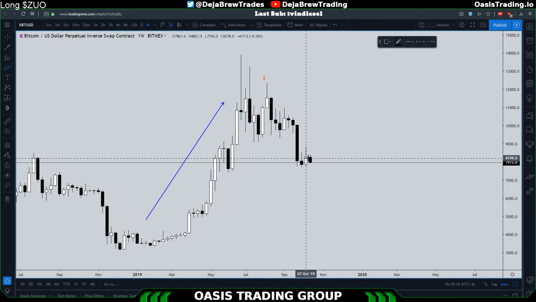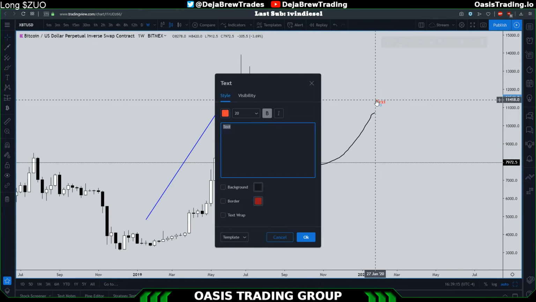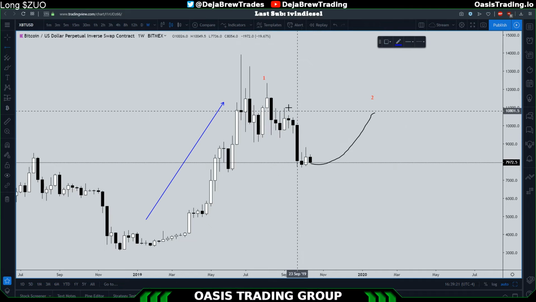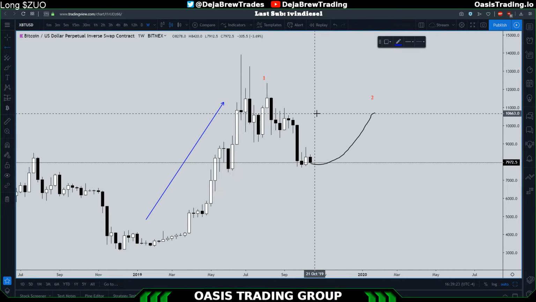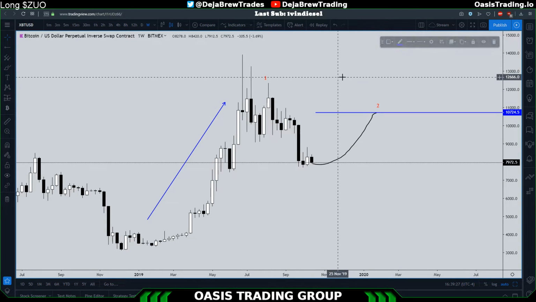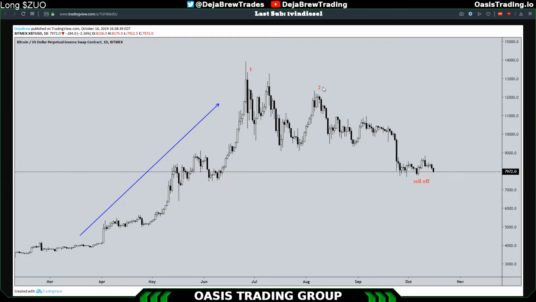So if this pops up here, and then we see our lower high, let's just say it's there. That will become your lower high. Then what are we going to see? Then your sell-off comes.